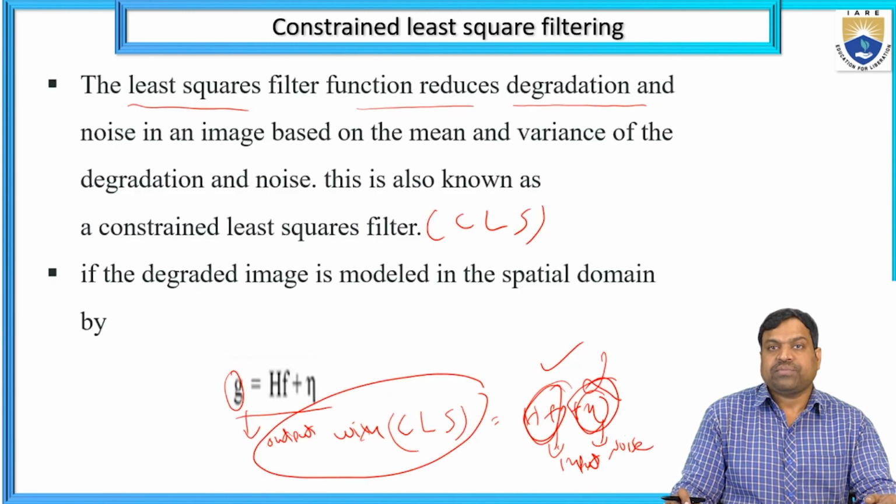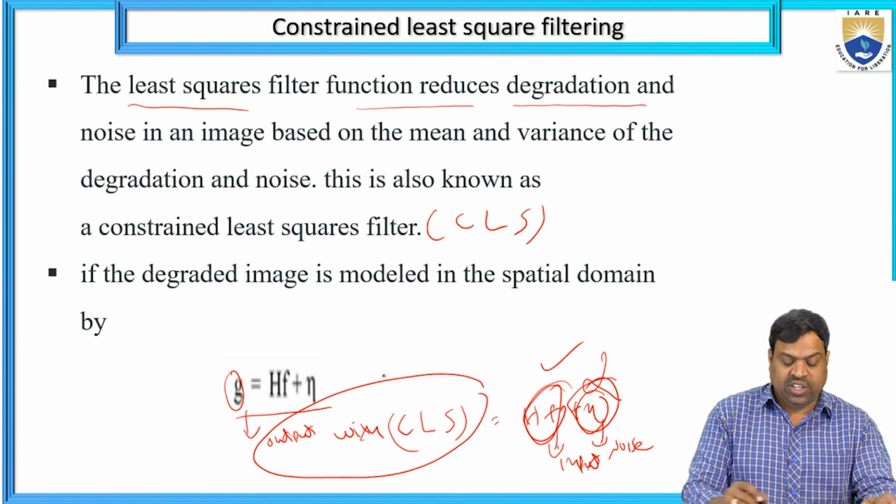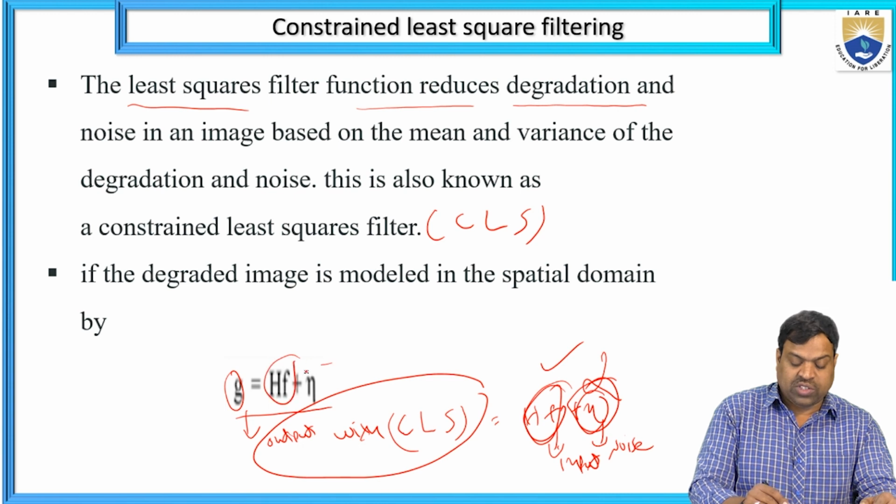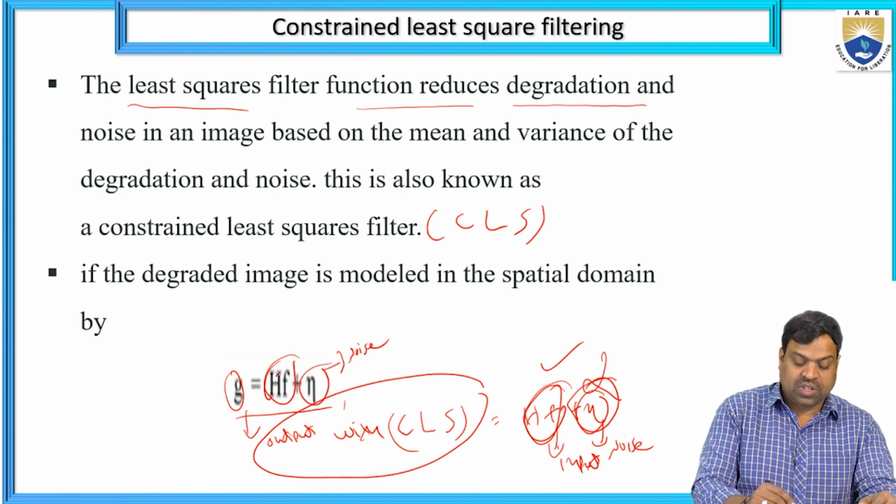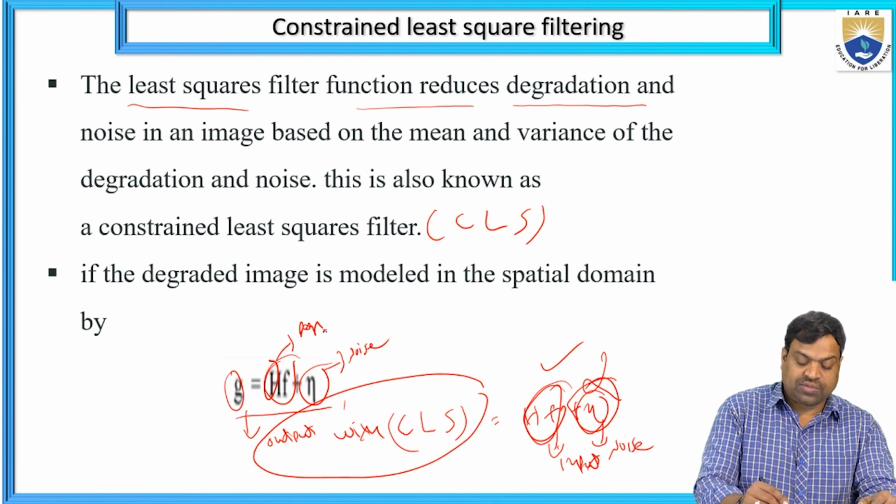Least square filtering is a function that reduces the degradation or noise of the image based on the mean and variance of the degradation and noise. It is also called constrained least square filtering, CLS. The degraded image is modeled in the spatial domain by the equation G equal to HF plus nu, equal to noise.